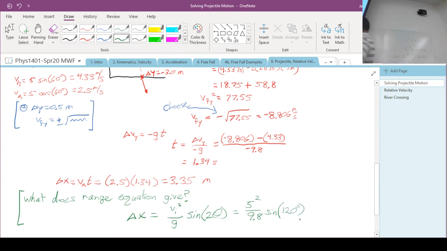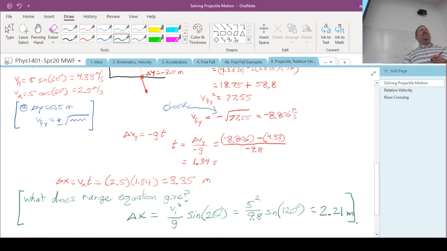Our launch angle was 60 degrees, but we have to put twice the launch angle into our sine function as part of the range formula. And when you run this, you get an answer of 2.21 meters.